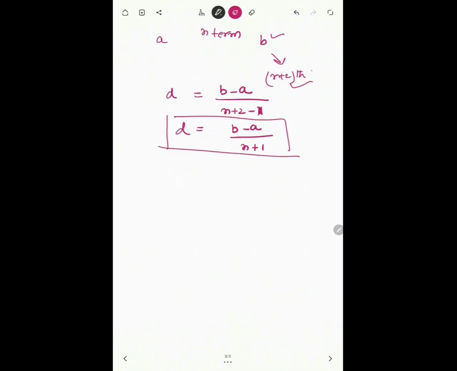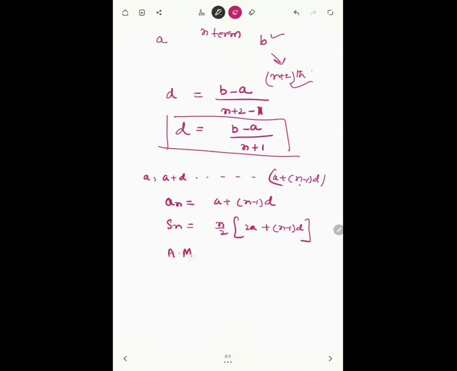So what is our take home today? For the AP, A, A plus D up to A plus n minus 1 into D, the last term of n terms, the nth term An is A plus n minus 1 D. Sum of n terms is n by 2, 2A plus n minus 1 into D, right?